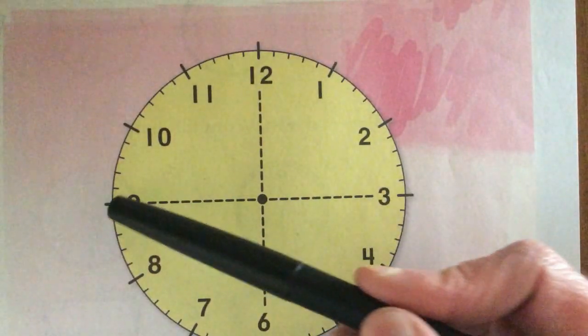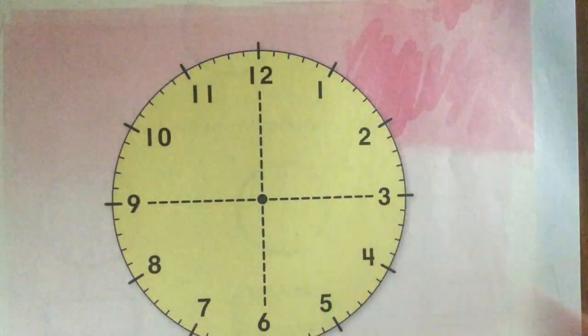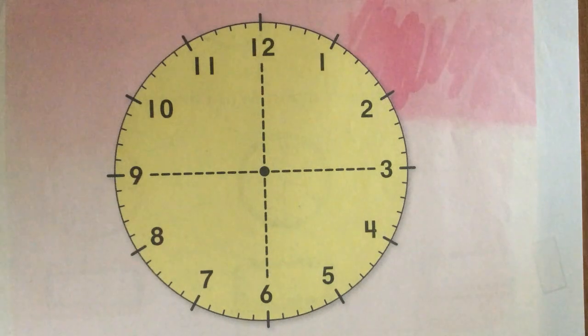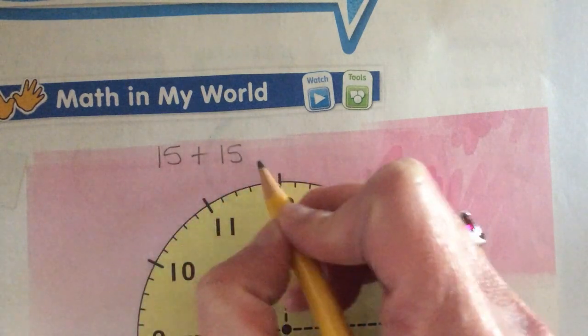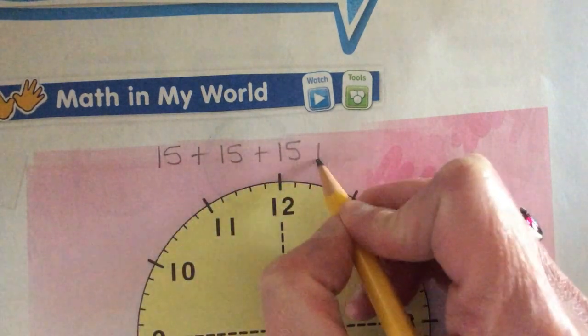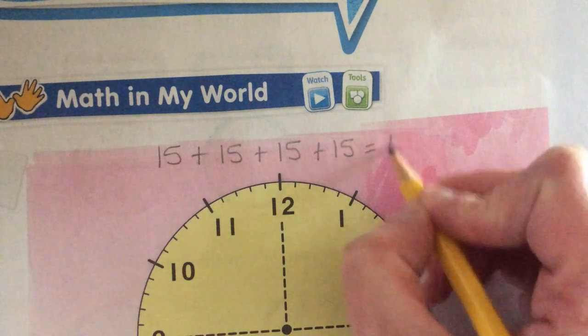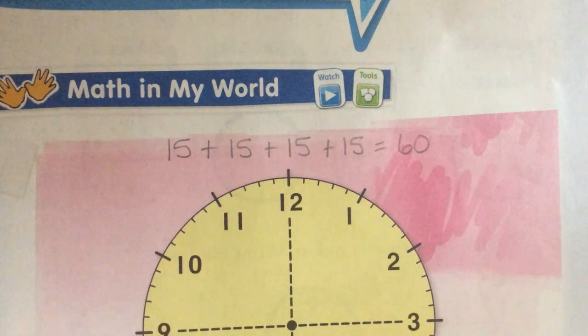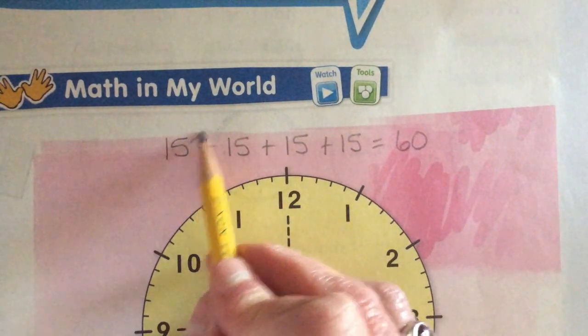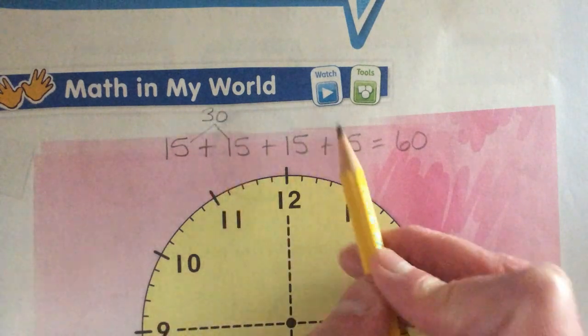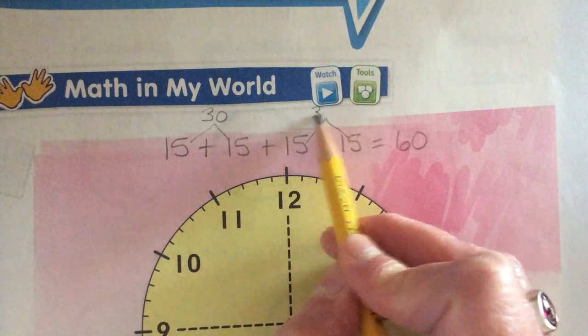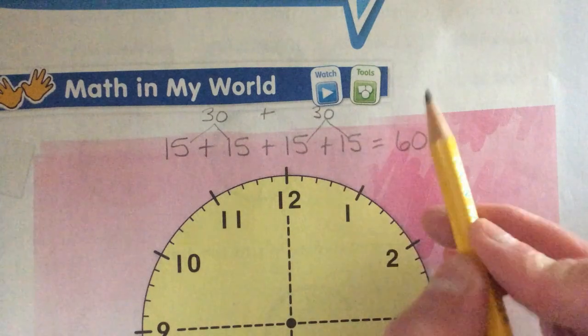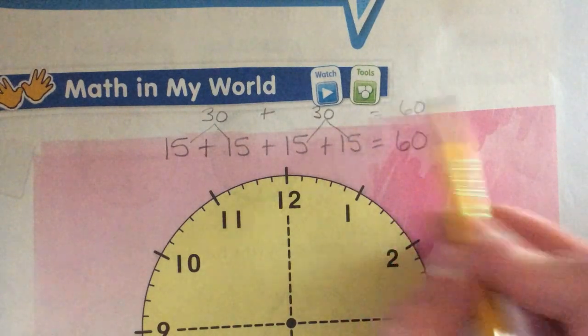And the last quarter, 5, 10, 15. Okay, and that's why we say that 15 plus 15 plus 15 plus 15 equals 60 minutes. Because 15 and 15 is 30, and 15 and 15 is 30, and 30 plus 30 equals 60.